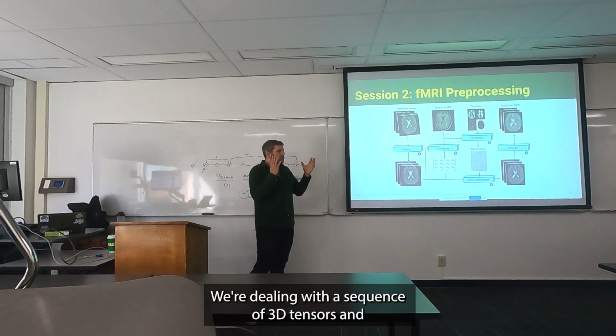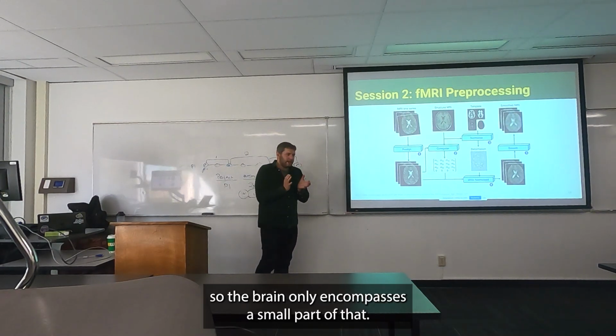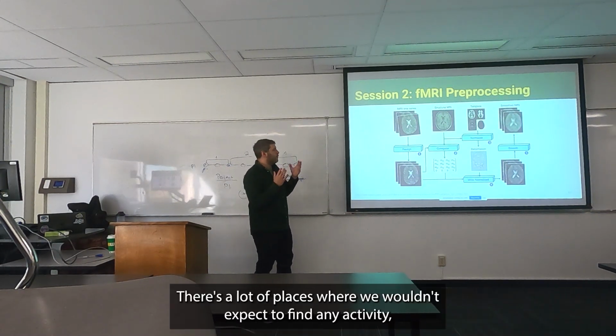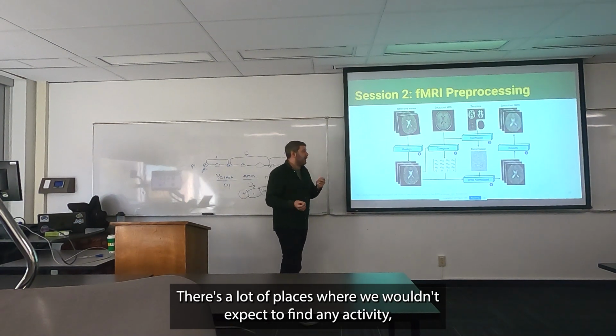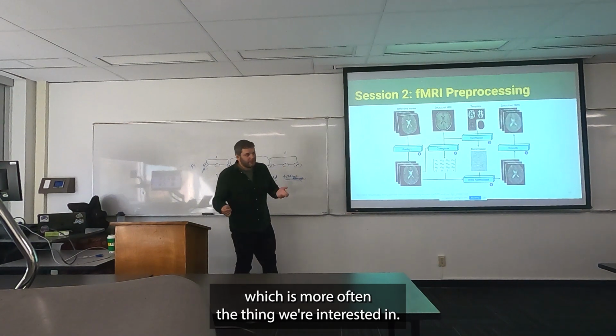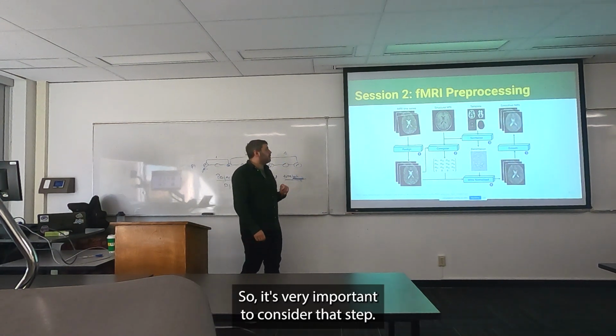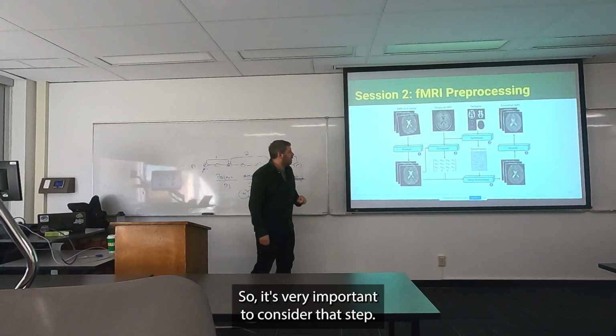It's a sequence of 3D tensors, and the brain only encompasses a small part of that, so there are a lot of places where we didn't expect to find any activity, and especially around the edges, which happens to be the cortex, which is what we're often interested in. It has the tendency to introduce a lot of noise, so it's very important to consider that step.